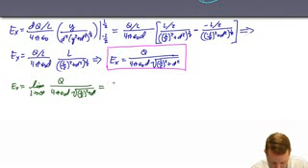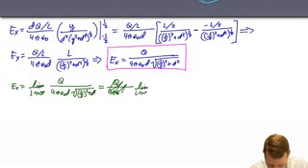So that's going to be equal to the limit as L approaches infinity of Q over 4 pi epsilon naught times d times the quantity L over 2.